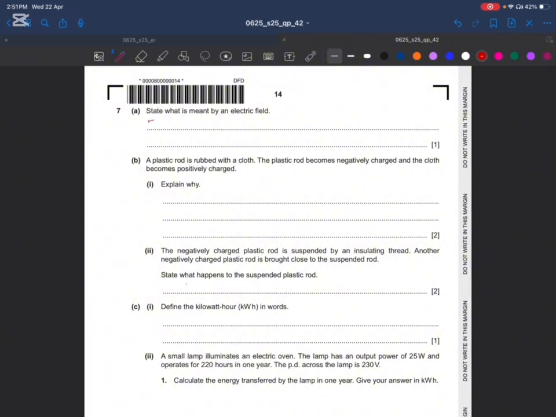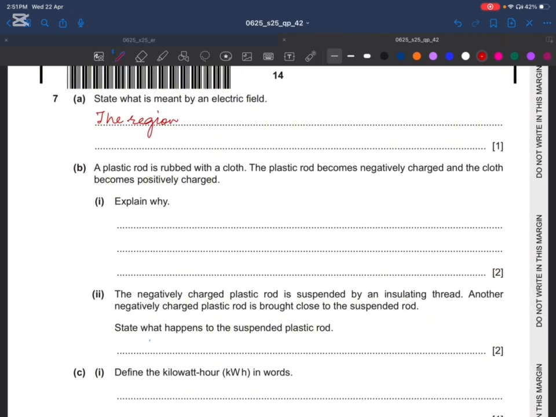Simply you can say: the region or space around a charged body or around a charge, in which another charge experiences an electric force.